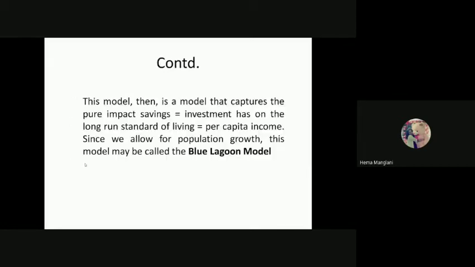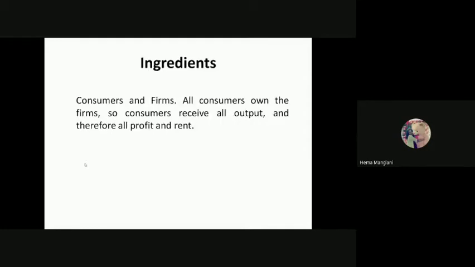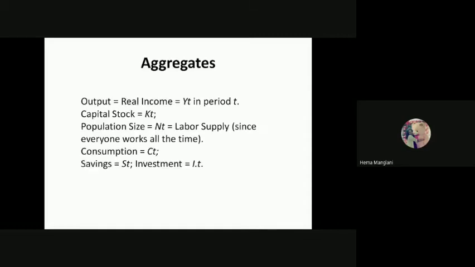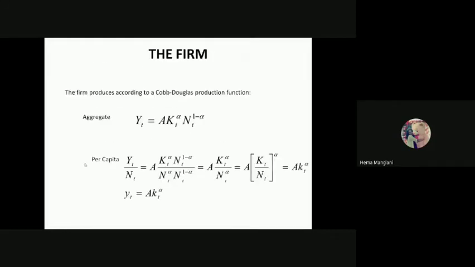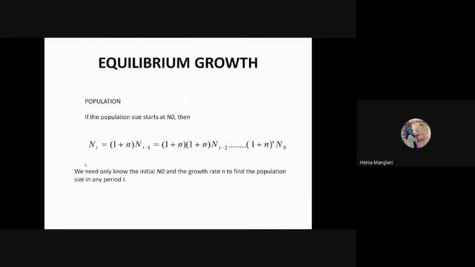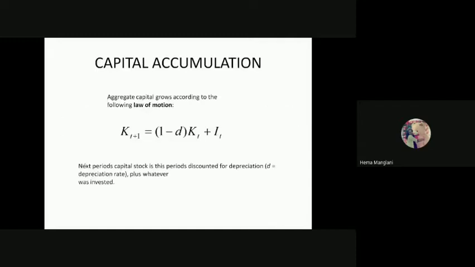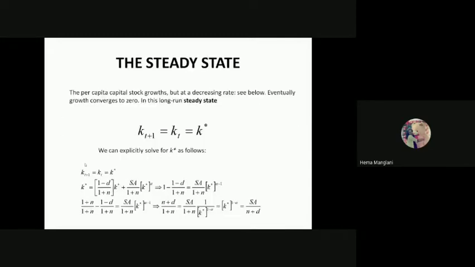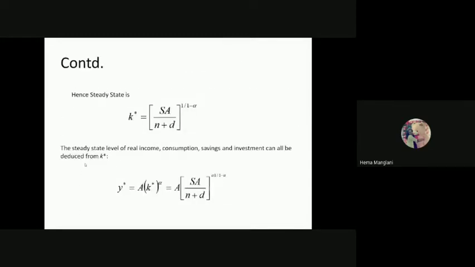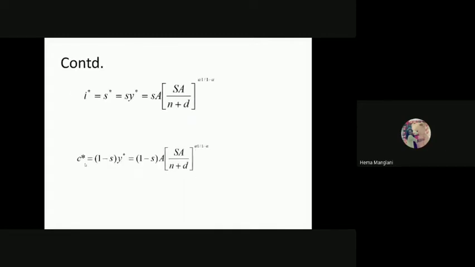We call it pure exchange economy or pure production economy, where we consider the major assumption of perfect competition. If there is no externality, you would be able to reach the steady state level of output, investment, consumption, capital, and saving.